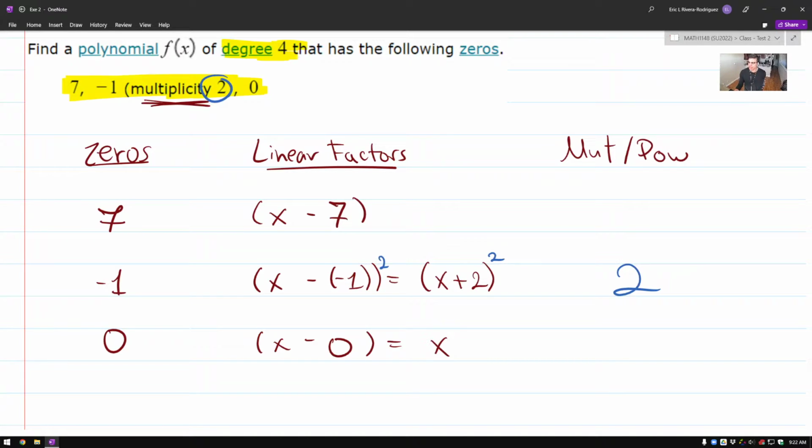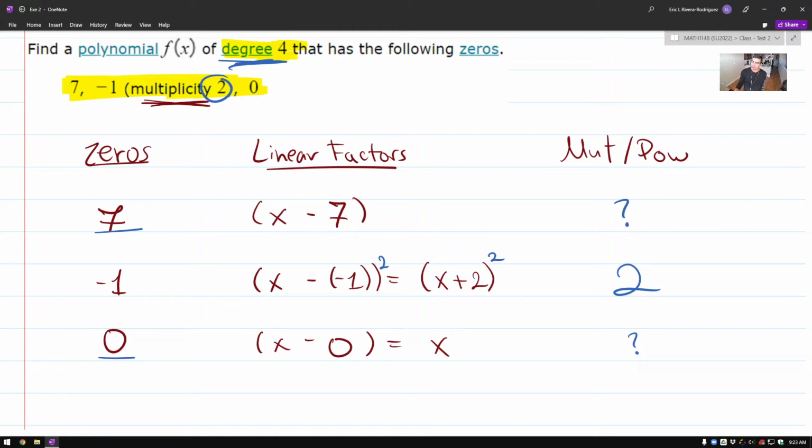But now we need to find the multiplicities for the zero 7 and for the zero 0, so that they meet the property of this polynomial, which is that it needs to have a degree of 4.